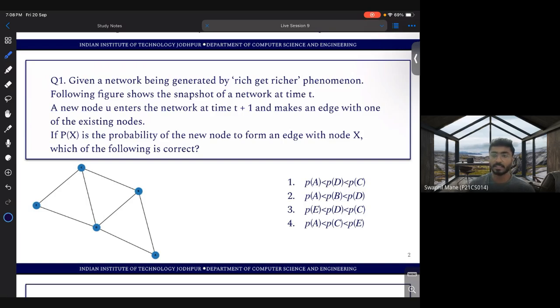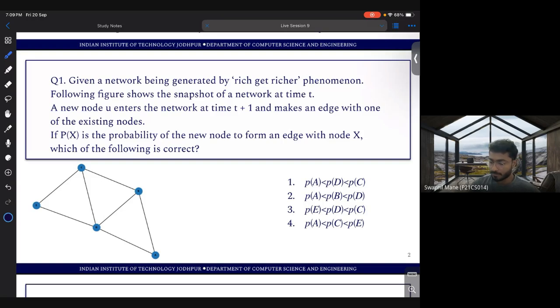There is a network at time t, and at the next timestamp, t plus 1, a new node comes into the picture and forms an edge with the existing nodes.